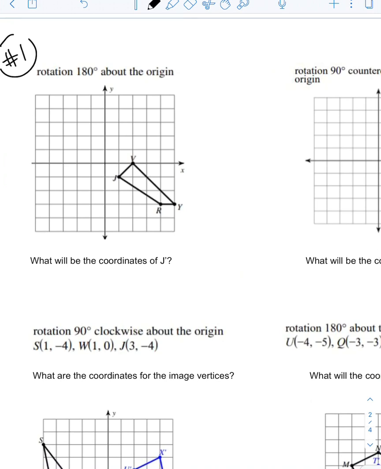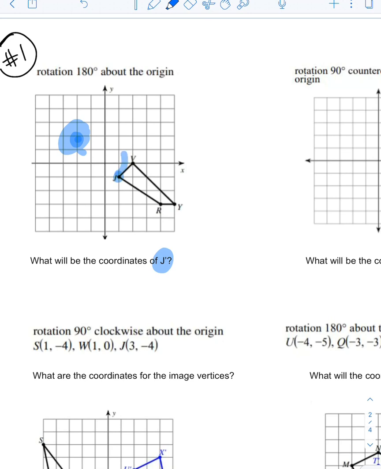Let's label this example 1. We're going to do a rotation 180 degrees about the origin. That just means 2 turns. And we're going to focus on point J. So to turn 2 times, remember it doesn't matter which direction, 1, 2, or 1, 2, we're going to end up somewhere in this quadrant.